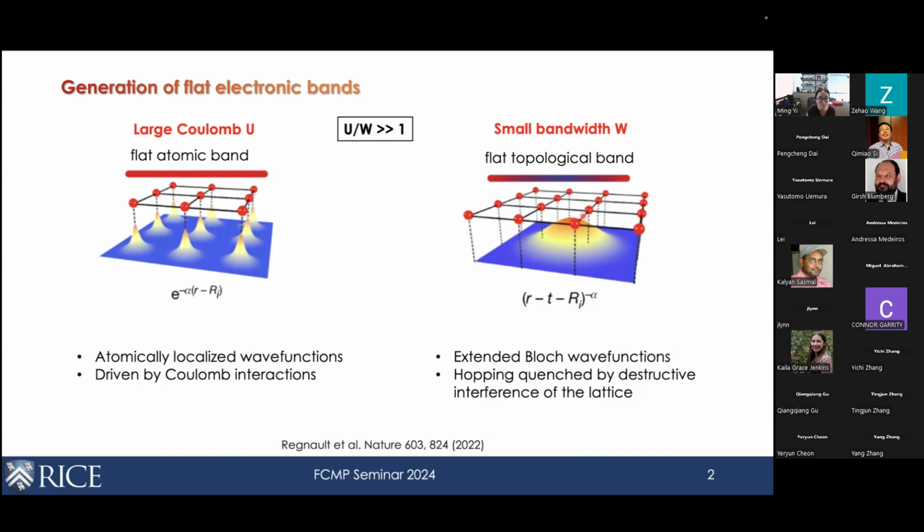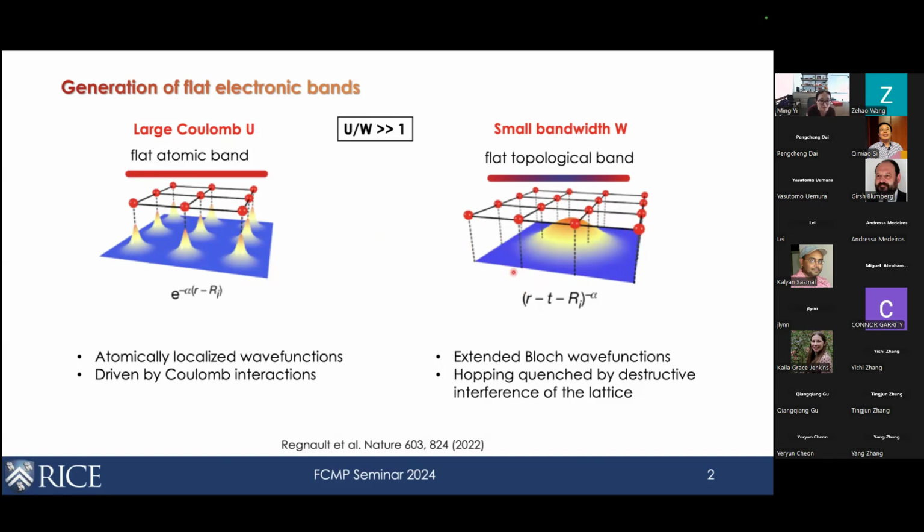There is overlap, and they don't sit on the atomic sites; they sit in between the sites. And here, the hopping, the kinetic energy term, is really quenched by destructive interference due to the geometry of the lattice. So even though both these regimes give us flat electronic bands, they are fundamentally distinct objects.